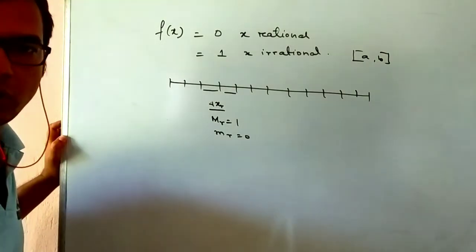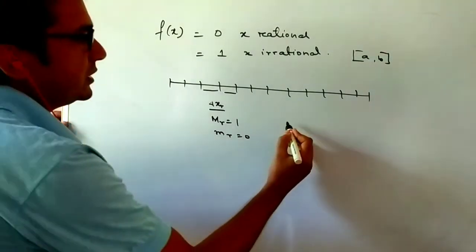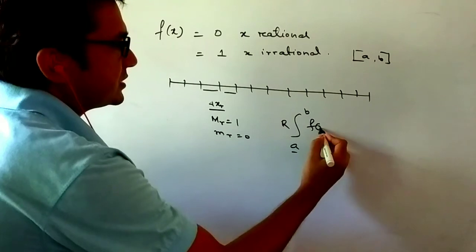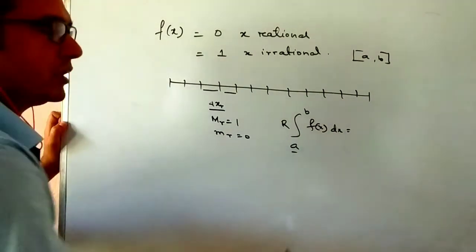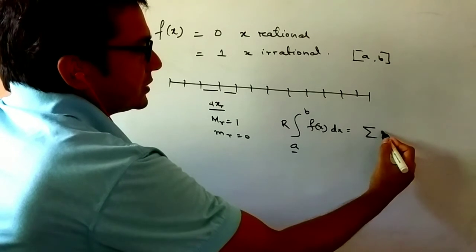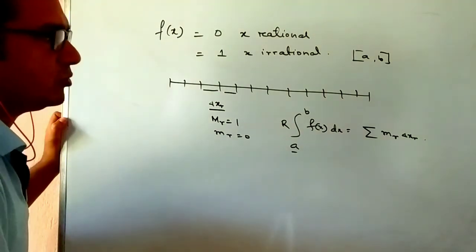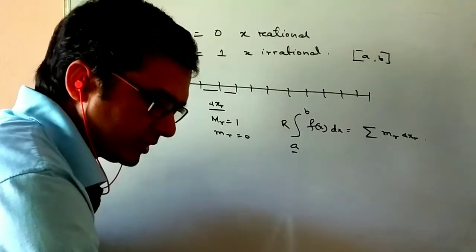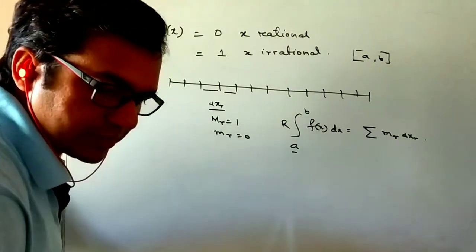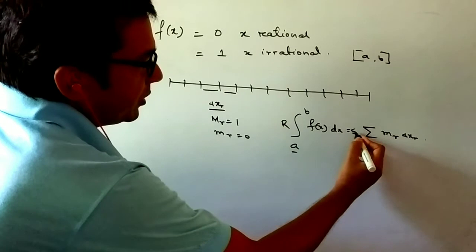So from the definition of lower Riemann integration and upper Riemann integration, we know that the integration a lower bar to b f(x) dx equals the supremum of the summation of small mr into del xr, right?